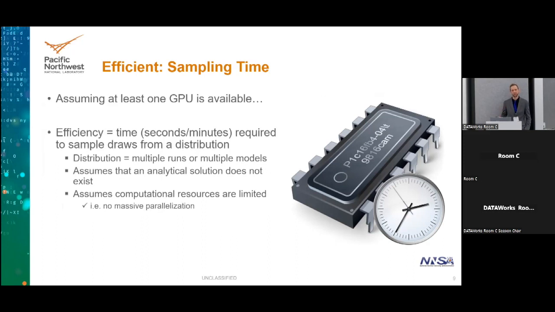If you're working in an industry space where you have limitless resources, then maybe you can do this. There are some ethical issues there as well. But anyway, we're going to assume that you have at least one GPU available and maybe not a whole warehouse at your disposal. For efficiency, we're talking about essentially just the time required to draw samples from the distribution.